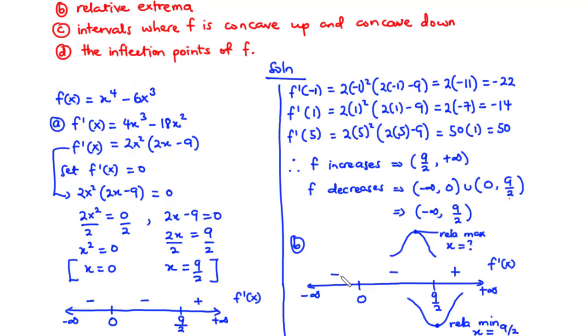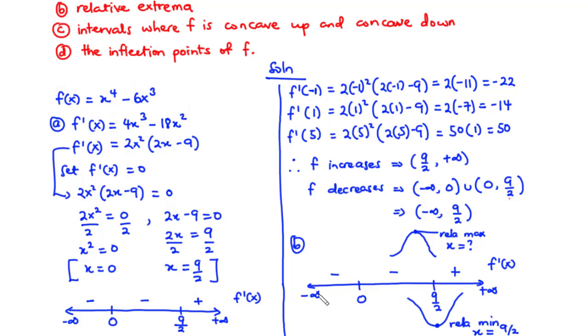Whereas in a situation where the sign of f prime of x does not change on both sides of a value, then we say that the function has no relative minimum, neither does it have a relative maximum at x equals that value.